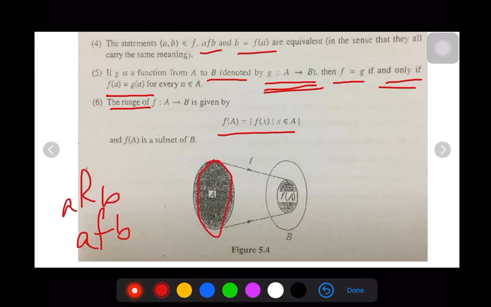A is here and F of A is this. This is called the range.